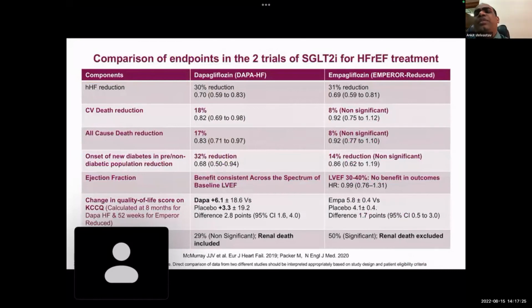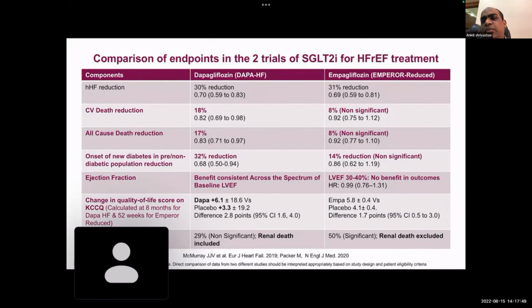If you look at the comparison of endpoints of two trials in diabetes, which is again something very, very important. In the dapagliflozin study, which is DAPA-HF, there was a significant 17% reduction in all-cause mortality, whereas in the EMPEROR-Reduced study there was a non-significant reduction.